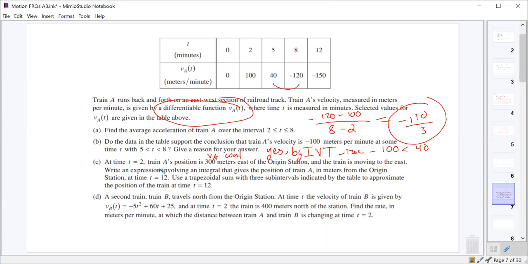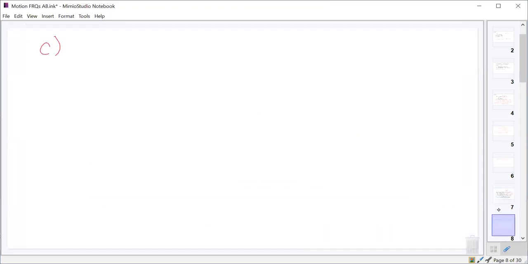So we know that at t equals 2, it's 300 east. So its position at 12 ought to be that initial position, plus the integral from that initial time to the final time that we're interested in of our velocity function, v sub capital A. Right? So there is your integral to represent that position.